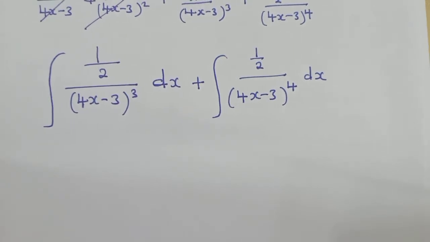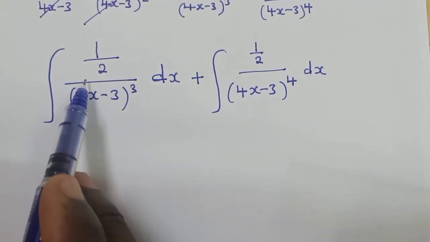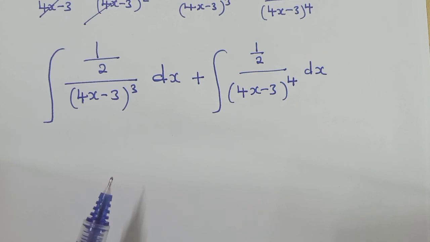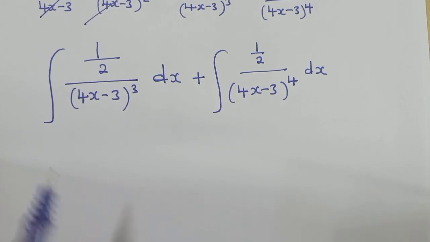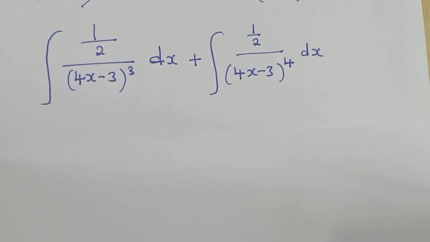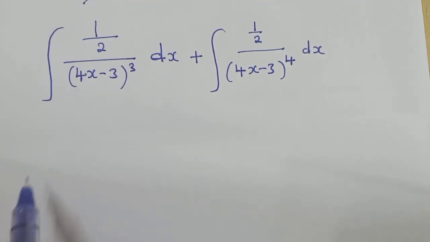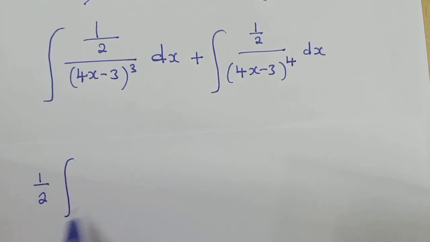So we shall integrate by u substitution. So looking at how this is, let's start with this one. Looking at how it is here, the numerator can be written outside the integral like this.